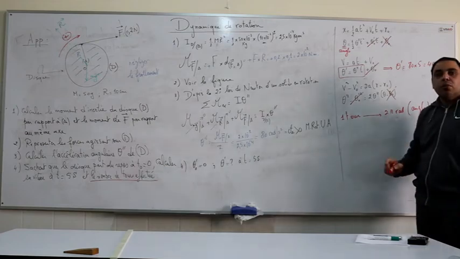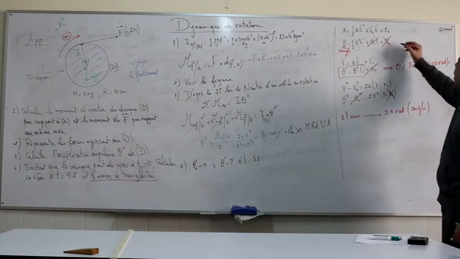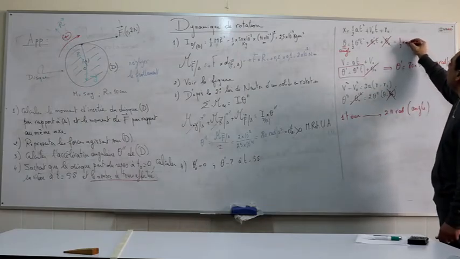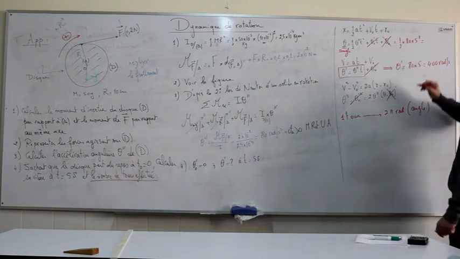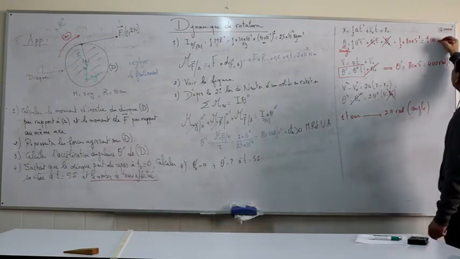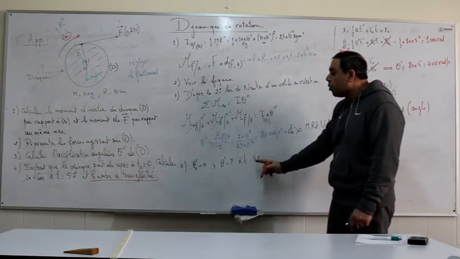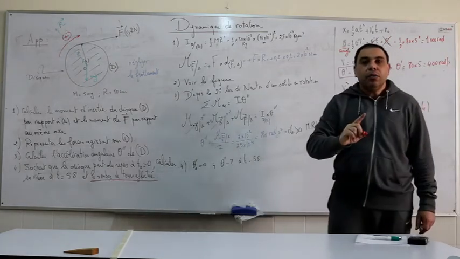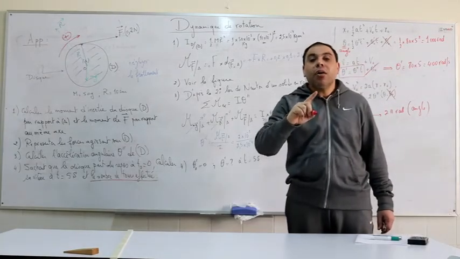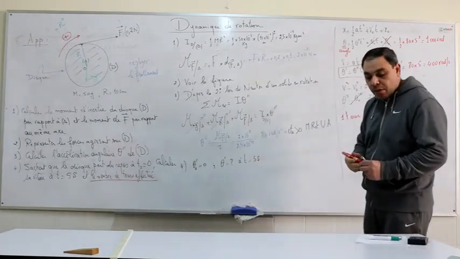This angle is equal to 0.5 times 80 times 5 squared, which is equal to 1000 radians. This means that after 5 seconds, the disk would have rotated by an angle of 1000 radians.